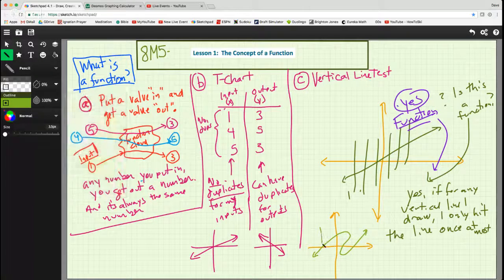because even though I can draw a vertical line here and a vertical line here, if I draw a vertical line, what happens? I cross it 3 times.